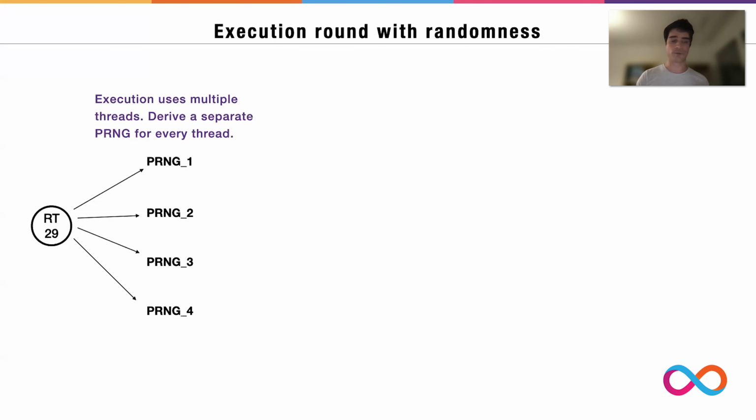And I hash the random tape with the number 2, and this gives me the seed for PRNG 2, and so forth. And now I can use these random number generators that are seeded. So everybody can do this in the same way, right? So everybody will come up with the same seeds.